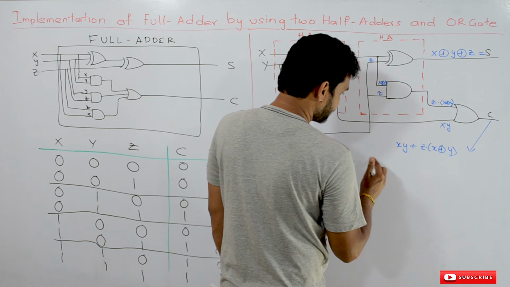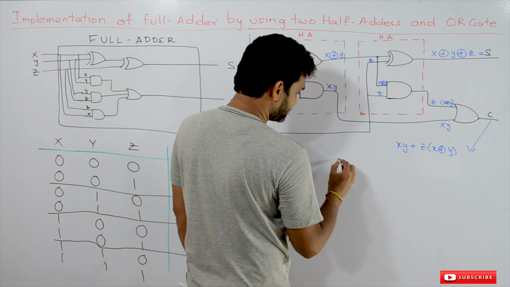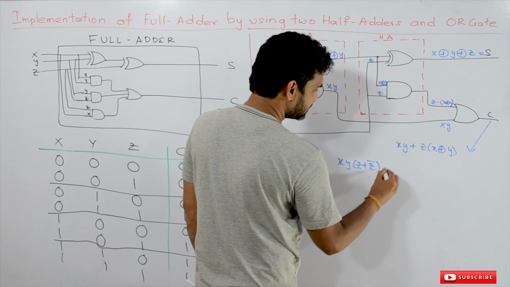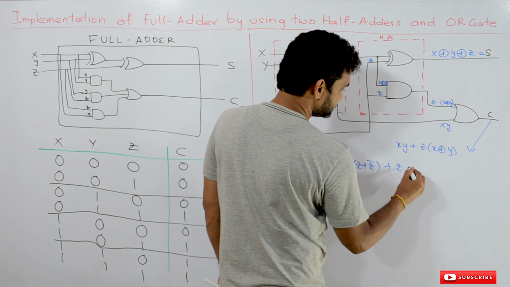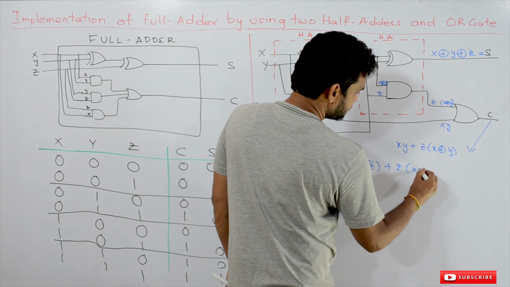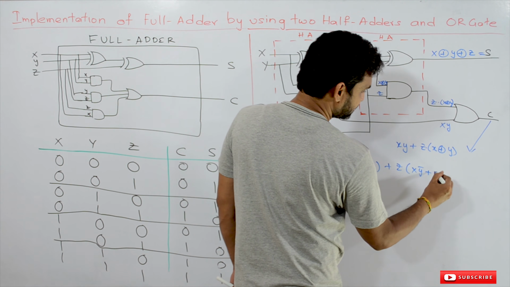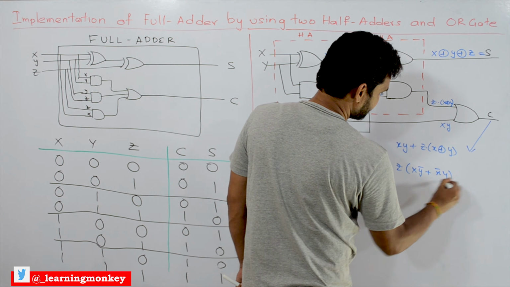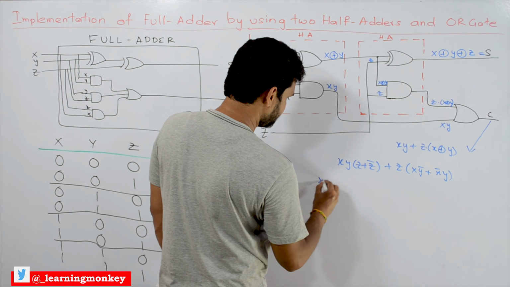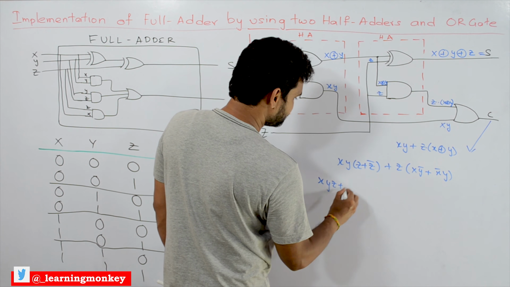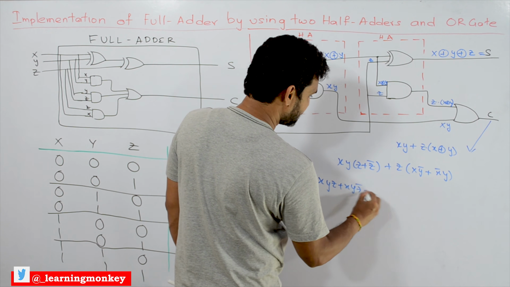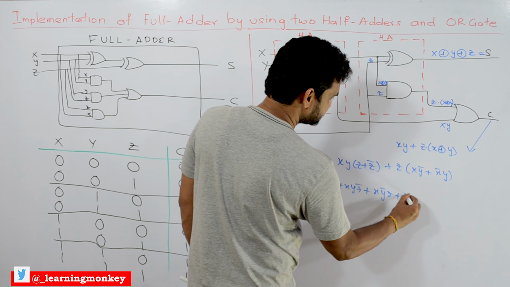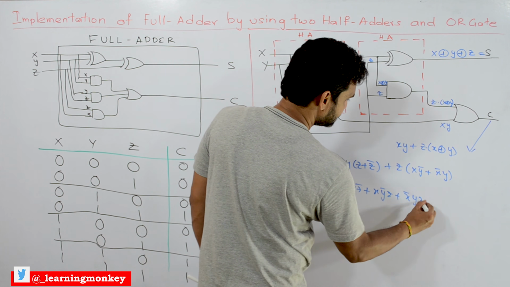Now if we try to expand it, XY into Z plus Z bar, plus Z into X XOR Y, and XOR can be represented as XY bar plus X bar Y. If you expand it again, it is going to be XYZ plus XYZ bar plus XY bar Z plus X bar YZ.